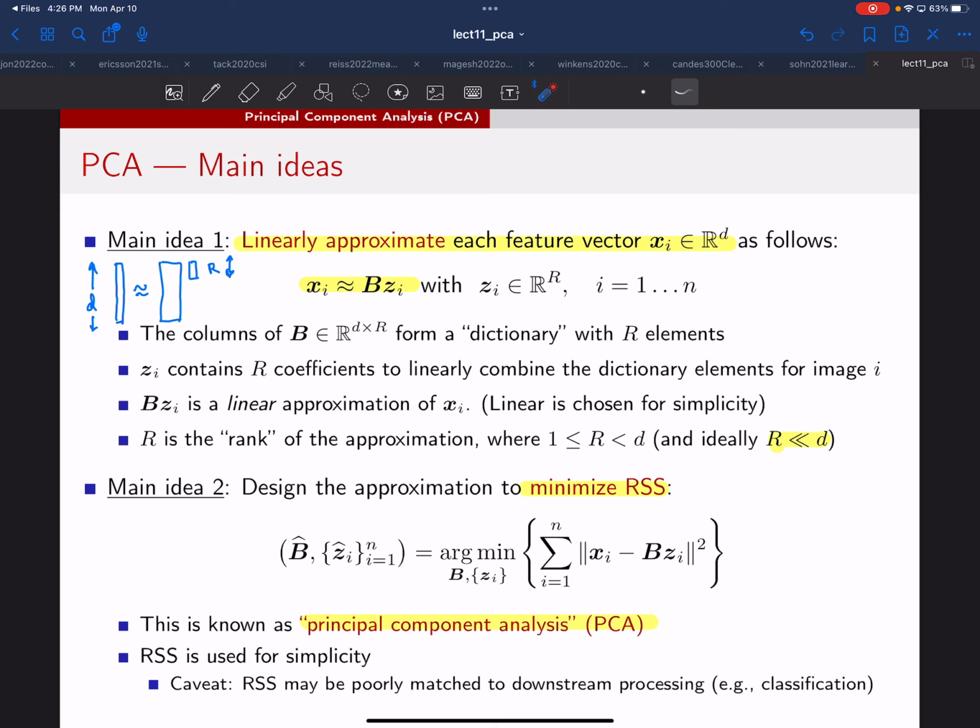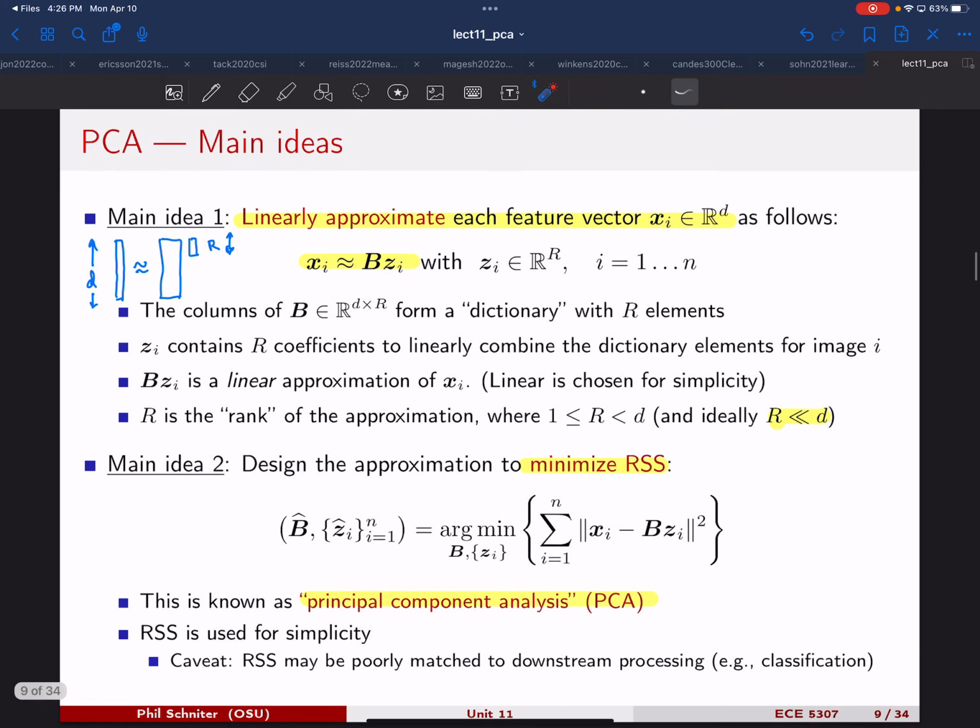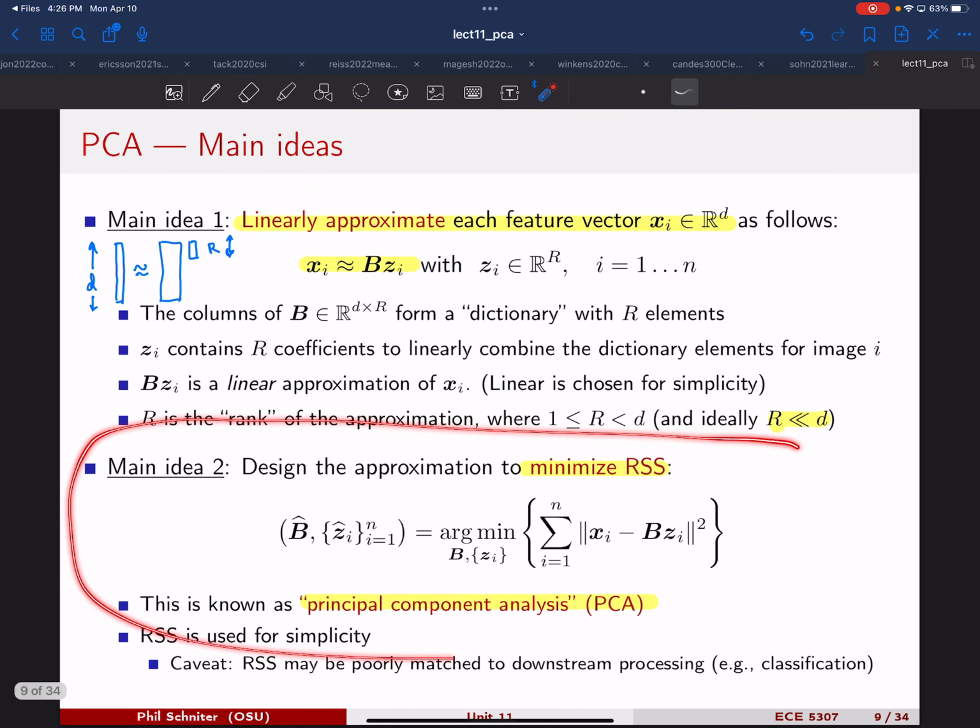I'm just going to throw them out because it doesn't affect my squared error that much, but maybe it affects your classifier a lot. So we'll talk about that a little bit, but it's just important to note that this is chosen for simplicity, not because it's the right thing to do with classification or some other downstream task. Okay, so any questions on our objective?